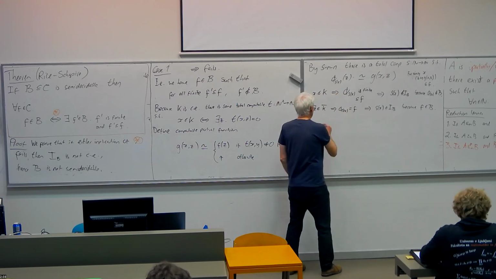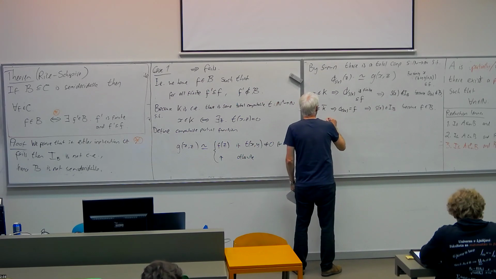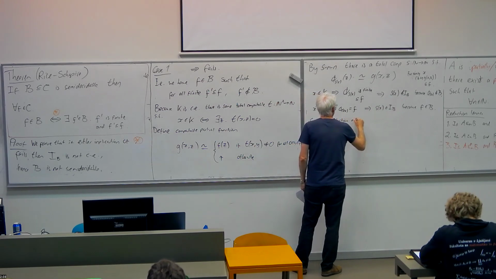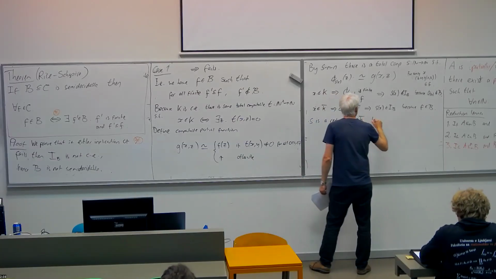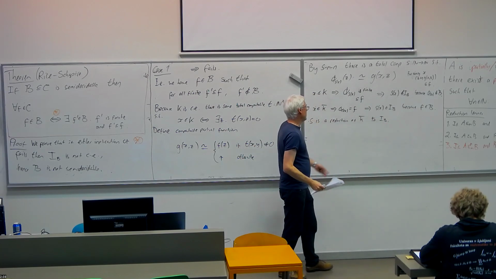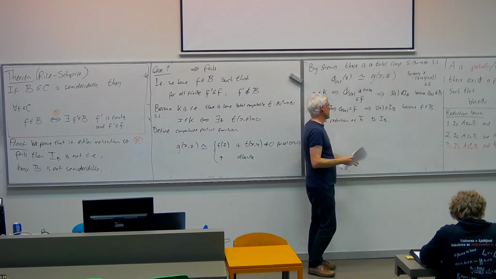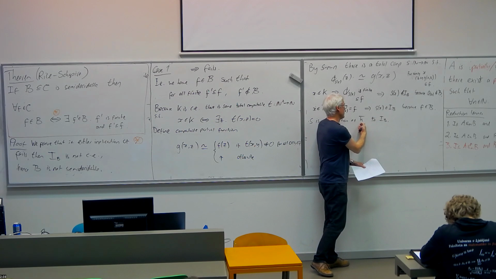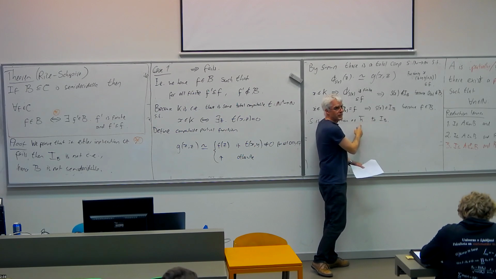So S is a total reduction of the complement of K to IB. But remember, total reductions: if you can reduce a set to a computably enumerable set, then the set you're reducing is also computably enumerable. So if IB were computably enumerable, then the complement of K would have to be computably enumerable, but we know it's not.